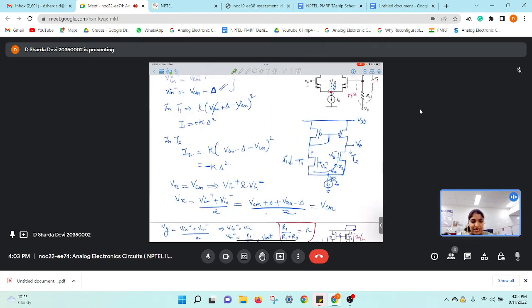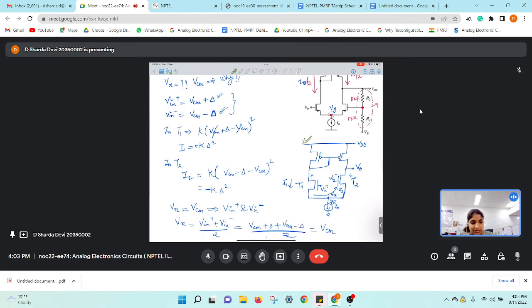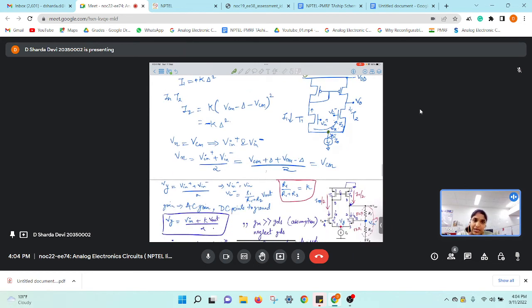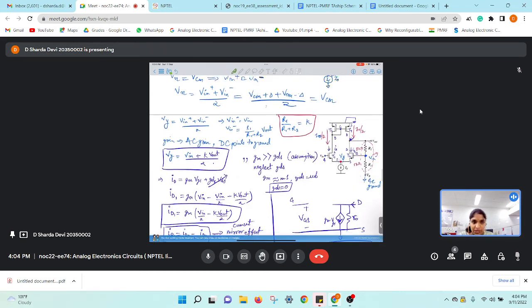So we started with a very simple circuit, this circuit. It was explained just to make you understand the importance of this Vx point, that is this tail transistor's drain voltage, how much it should be. So we analyzed this circuit to understand that particular point, and by using that concept, we applied it to this new circuit given in this question.